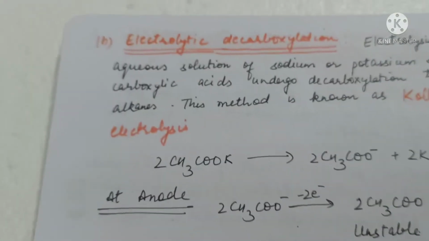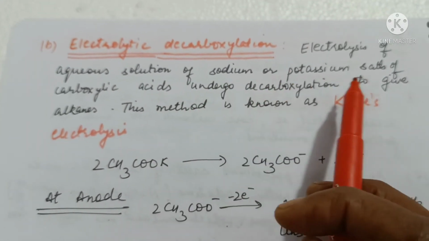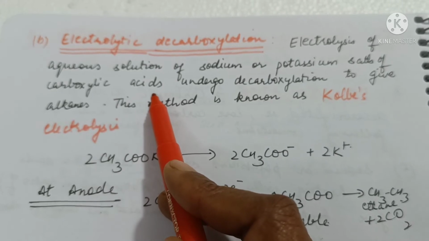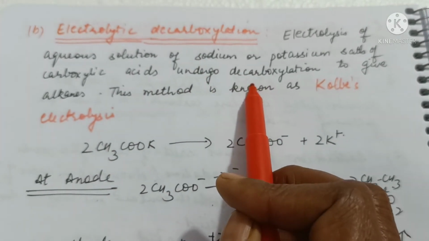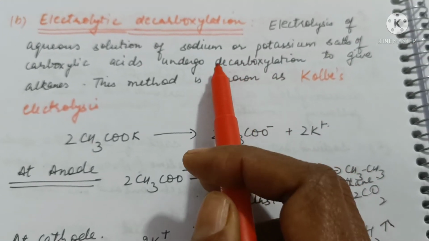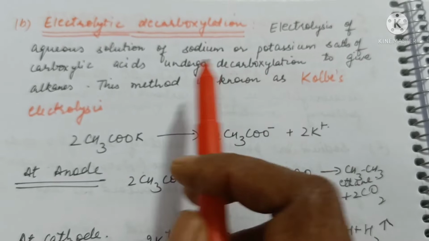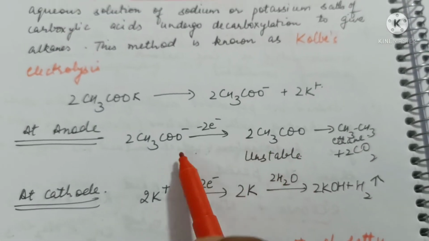Electrolytic decarboxylation. When an aqueous solution of sodium or potassium salt of a carboxylic acid is electrolyzed, they decompose, give off carbon dioxide, and undergo decarboxylation to give alkanes with an even number of carbon atoms.